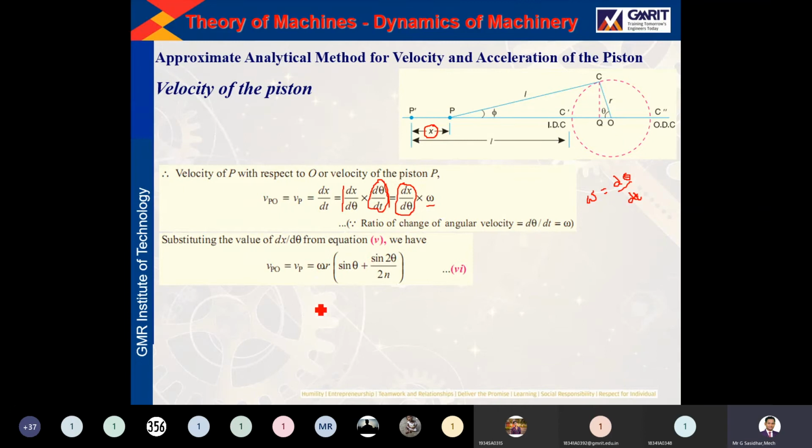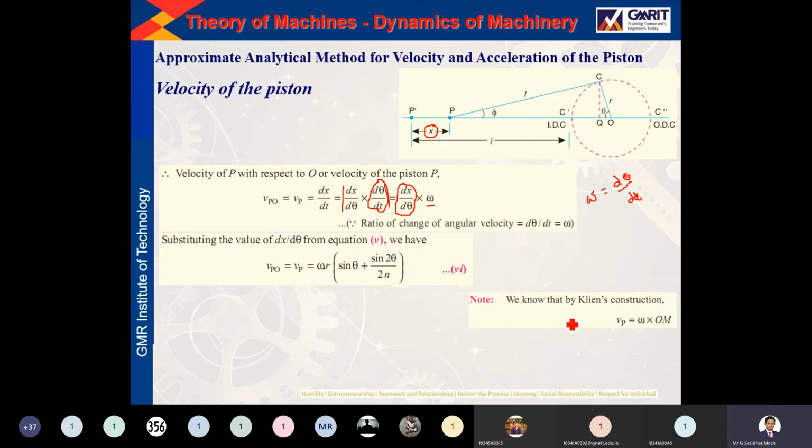I got this formula for velocity, and you must remember this formula. In competitive exams sometimes they will directly give 4 options for the velocity, so you can remember that. So the formula of velocity for the piston is r omega (sin theta plus sin 2 theta by 2n).